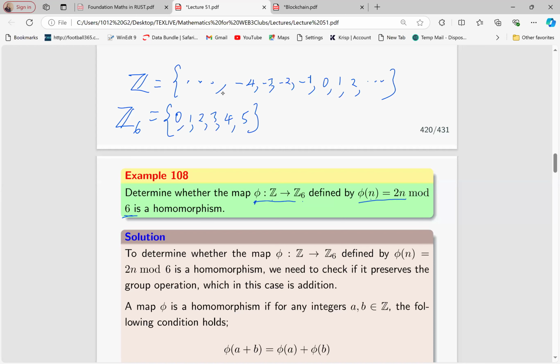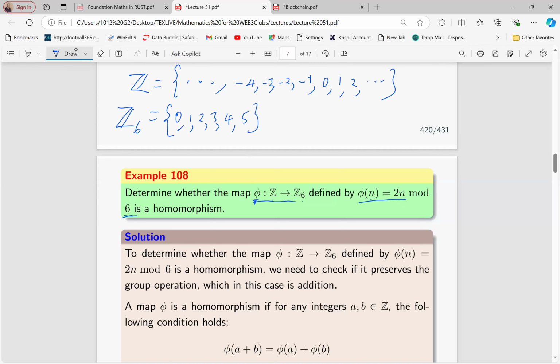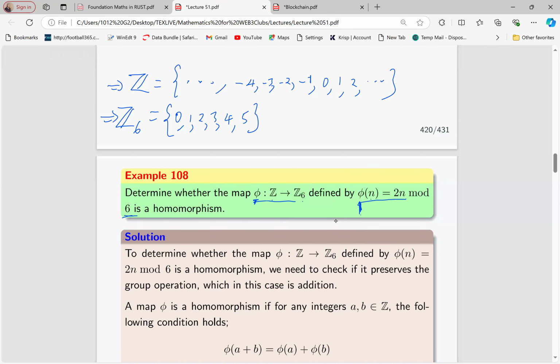So the question is, we have this function. This function is mapping the elements of Z to these elements. And the definition should be that every element of Z that you map, if you are mapping n, you map it to 2n.